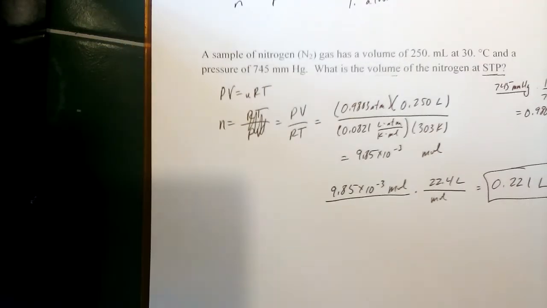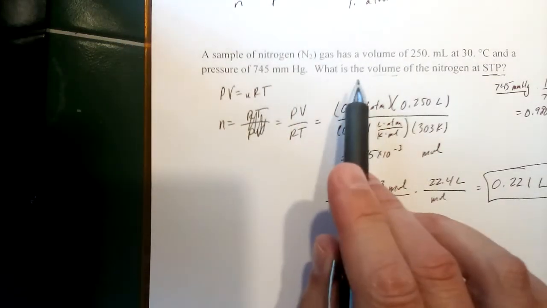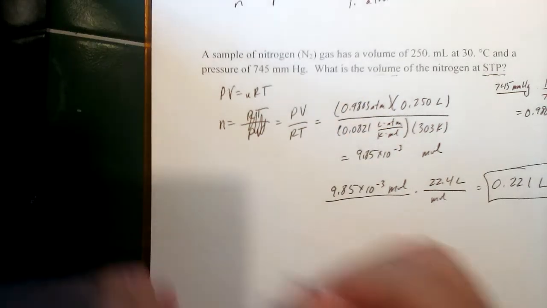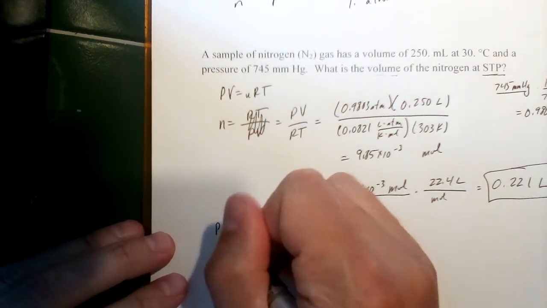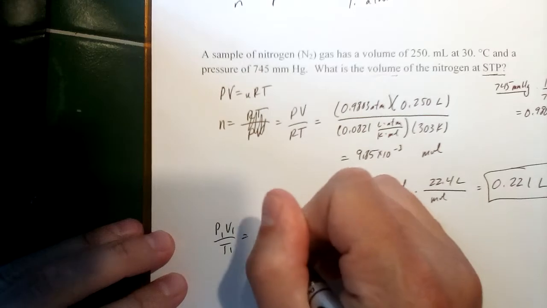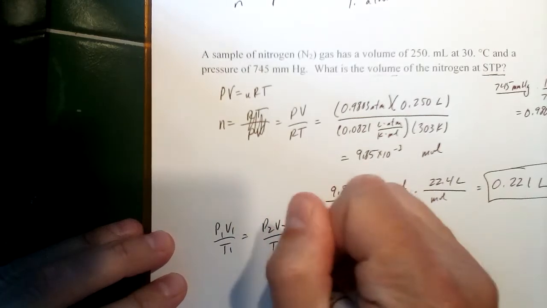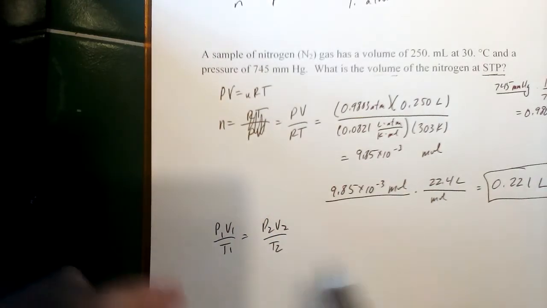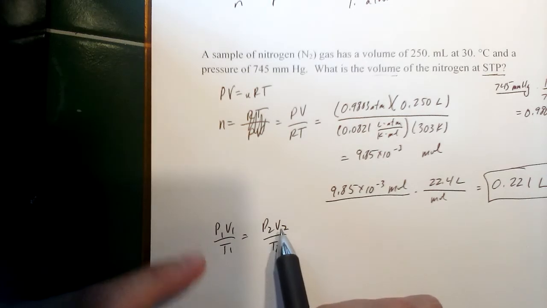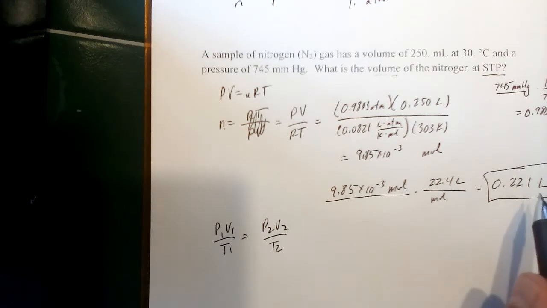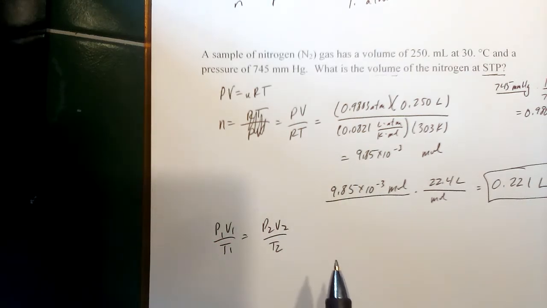Okay. Now, like I said, we could do this with our combined gas law. So we could get P1 V1 over T1 equals P2 V2 over T2, right? And you could plug all this information in, rearrange, solve for V2. You will end up with the same answer here for this particular problem. Now, there's actually a third way we could approach this problem as well.